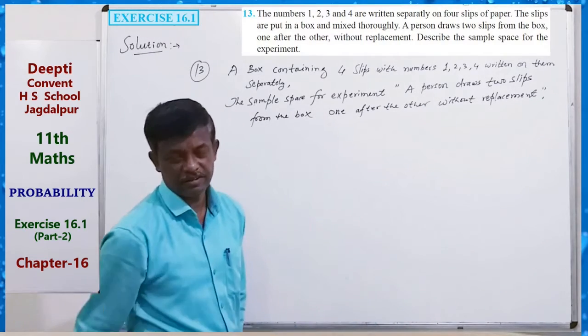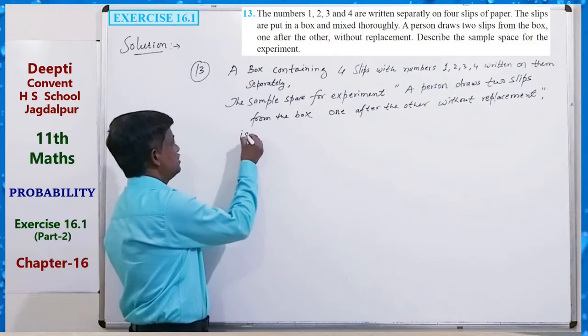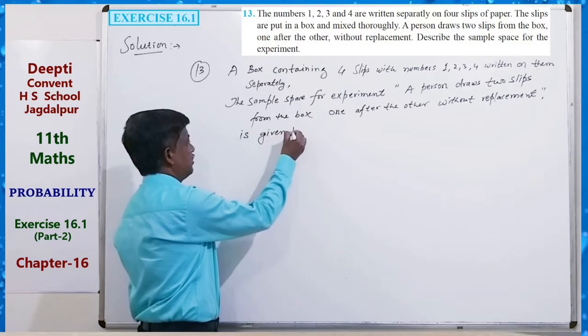This is the experiment. The sample space is given by what?